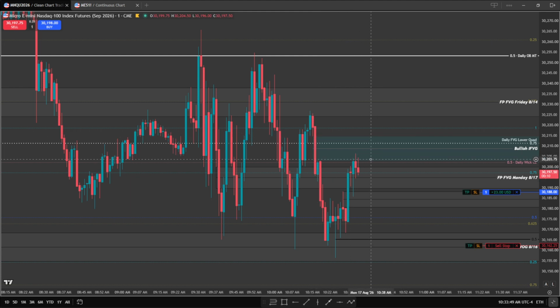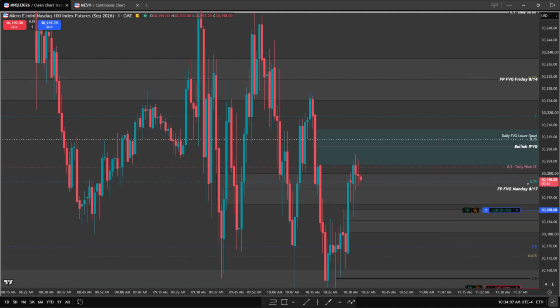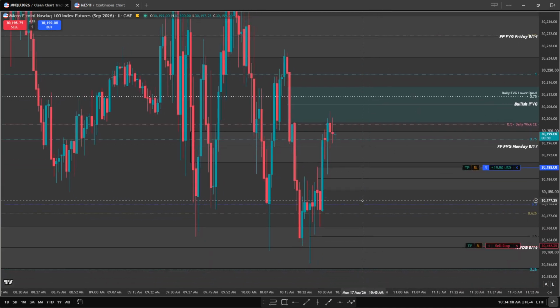So I want to see it snap through that pretty quick. I want to go to break even, but I feel really confident in this, and I don't want to get wicked out. It should stay above the midpoint of this wick here, and my entry is below that.